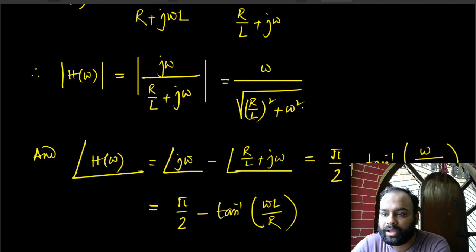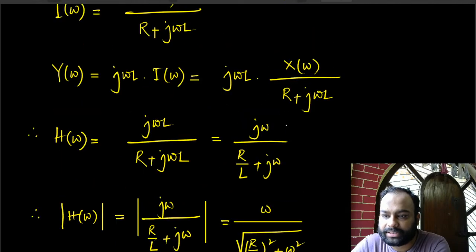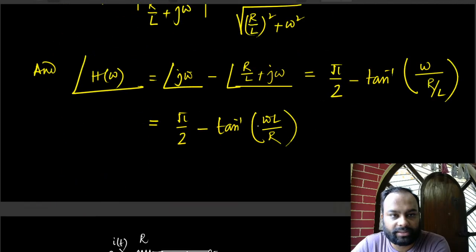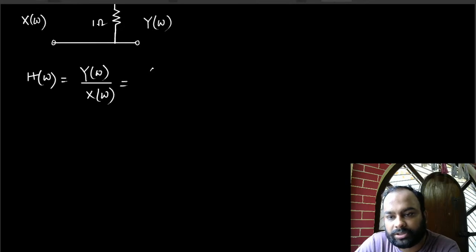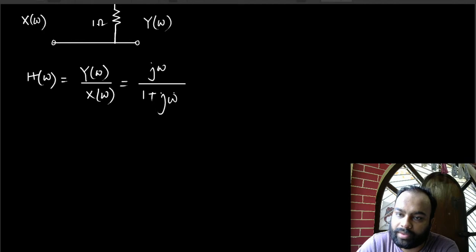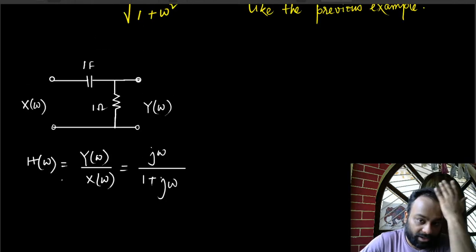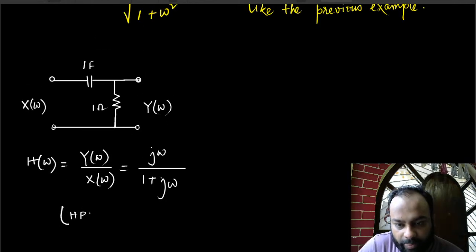Look very carefully, with R equal to 1 and C equal to 1, I would have jω by 1 plus jω. So this acts as a high pass filter.